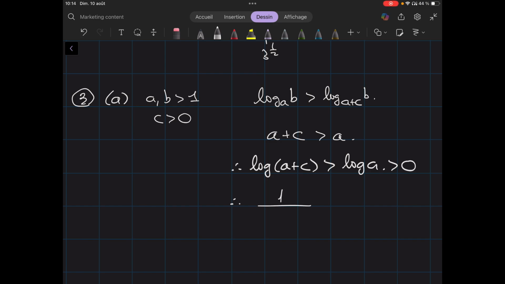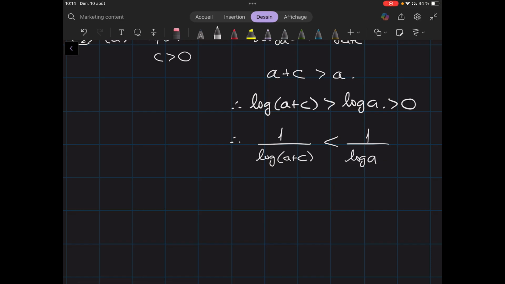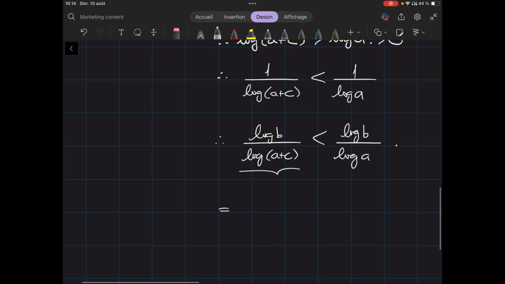Therefore, 1 divided by log base A plus C is less than 1 divided by log base A. Multiply everything with log of B because it is positive. Then notice that this is nothing more than the change of base. We obtain our final answer.